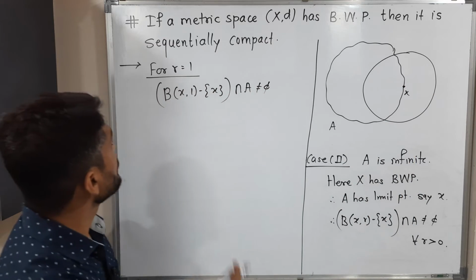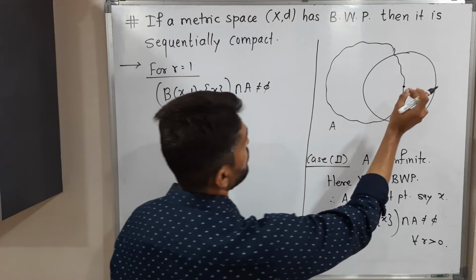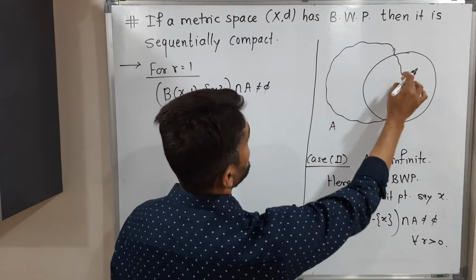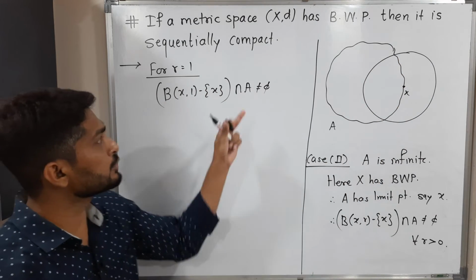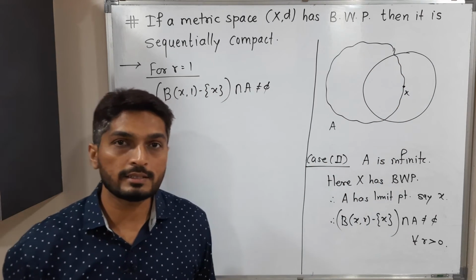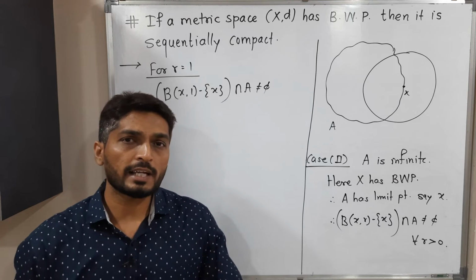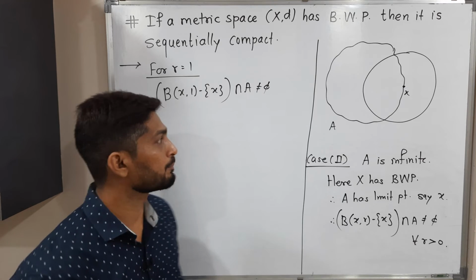So B(x, 1), that means this ball, minus singleton x, so we are removing the center, intersection A. You can easily see this part is in the intersection, which is non-empty. In the diagram also you can easily see that the intersection is non-empty, that means at least one point will be there. So let me call it xn1.